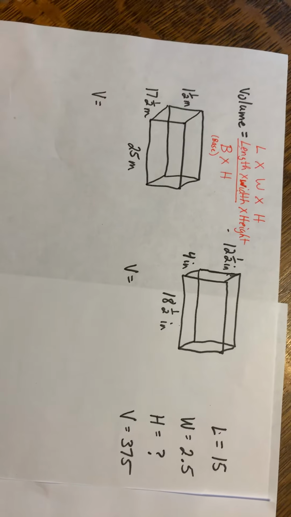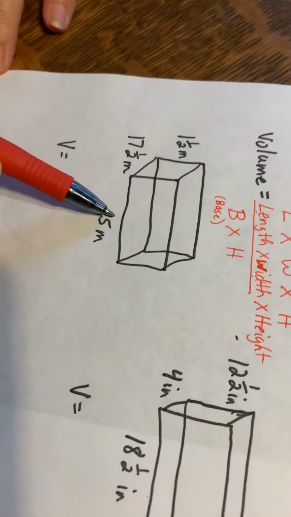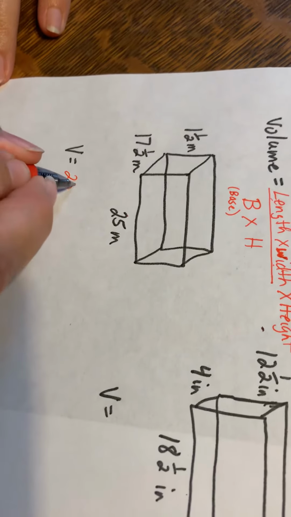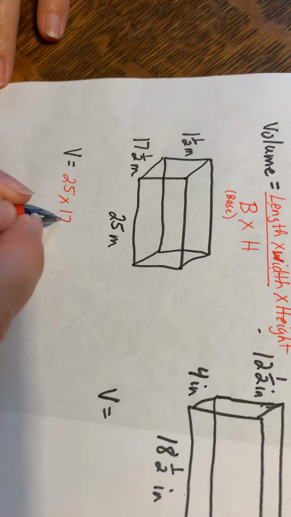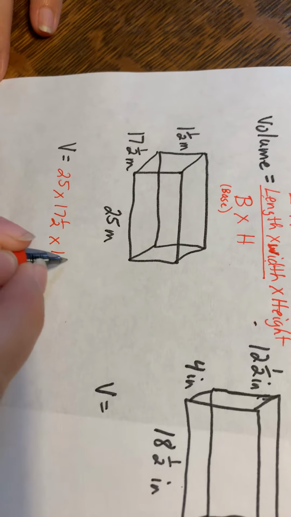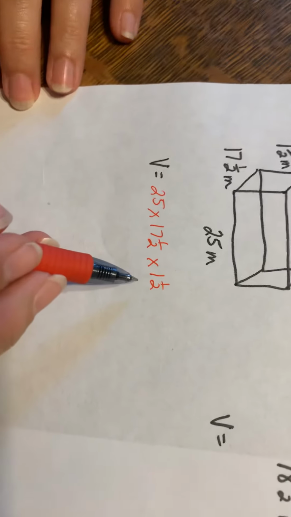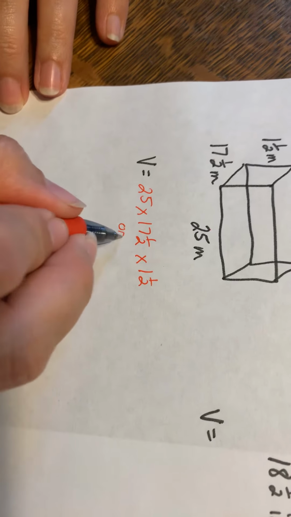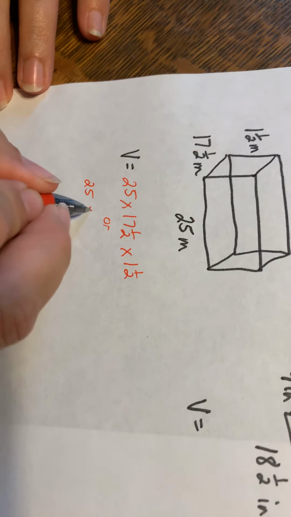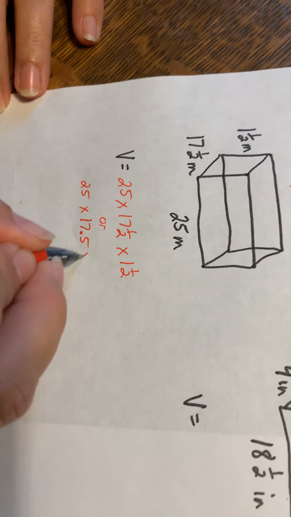Okay. So if I'm going to find the volume of this shape, I'm going to multiply the length times the width times the height. So length is 25 times width is 17.5 times height is 1.5. You can multiply through by using your fractions, or if you want to convert your fractions to decimals, then you guys know that 1/2 is the same thing as 0.5.